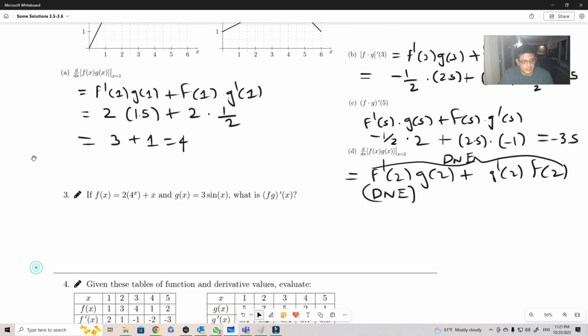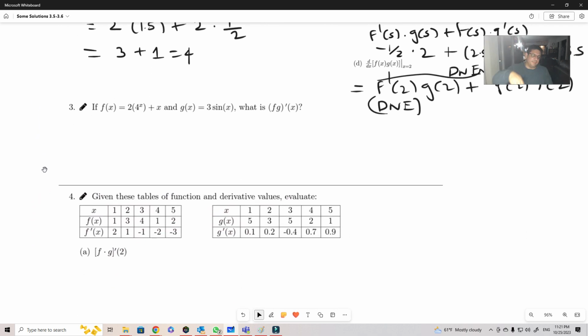All right, so in the next question we have f of x is 2 times 4 to the x plus x, and g of x is 3 sine of x. So we want to do the product rule for that.